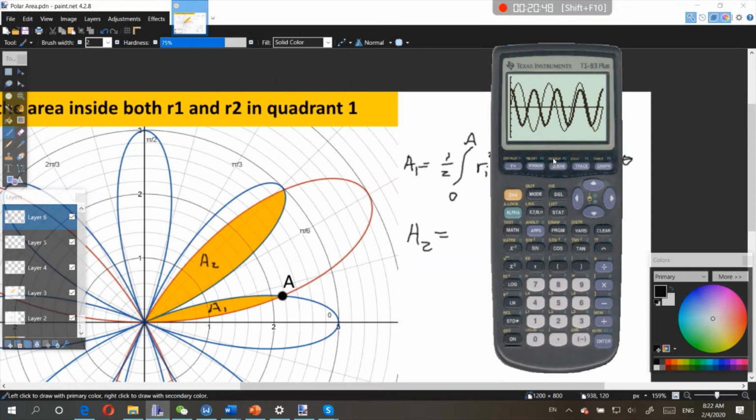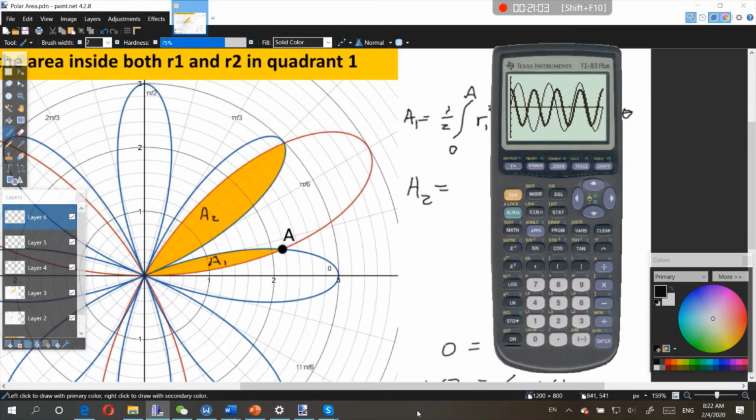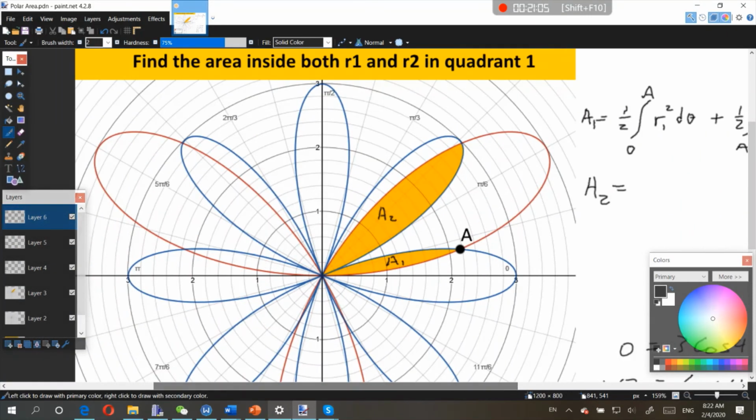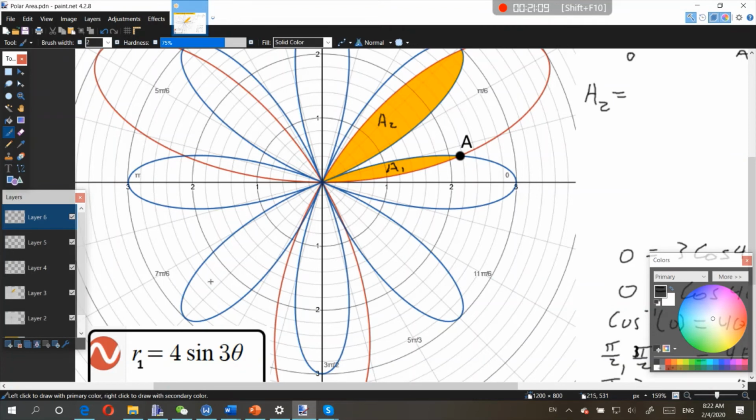Okay, so it is going to be the second time we're tracing that red function. So if I look at this, this is our first petal, second petal, third petal. For our blue function, I'm tracing petal 1, petal 2, petal 3, petal 4, petal 5, petal 6.